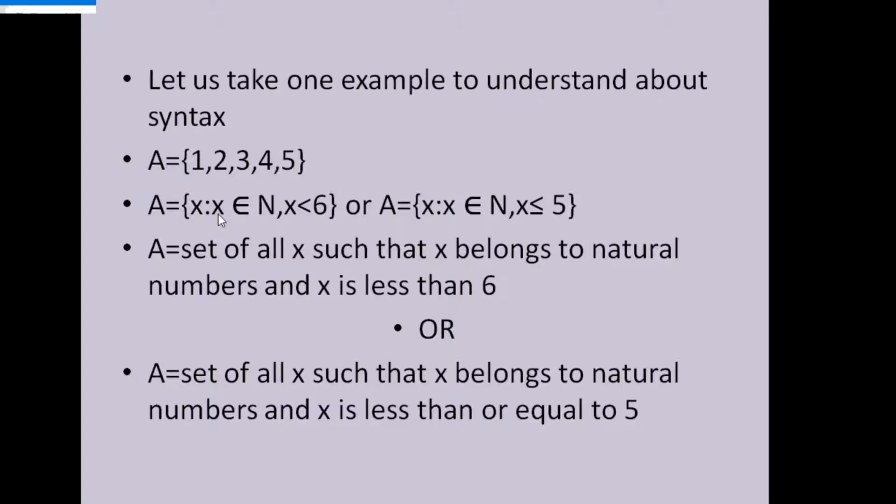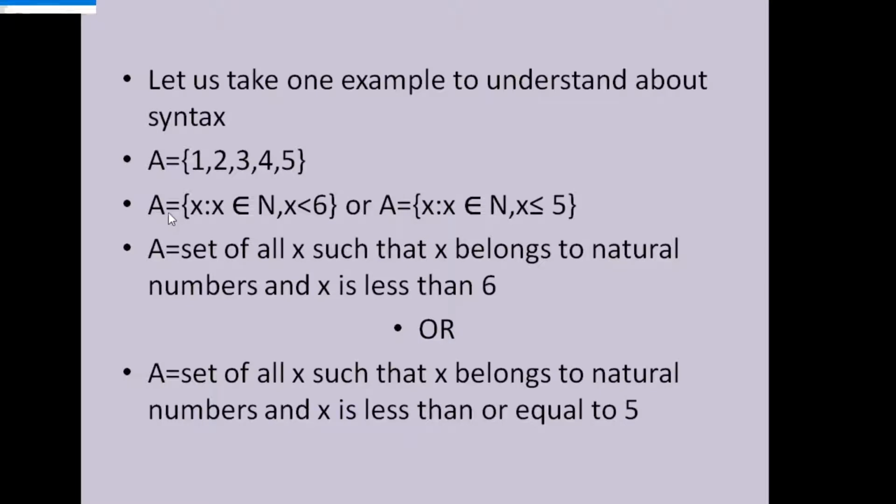Here you can see x belongs to N, in the sense natural numbers, and x is less than 6, or otherwise here I have written it as x less than or equal to 5. So both are inequalities.